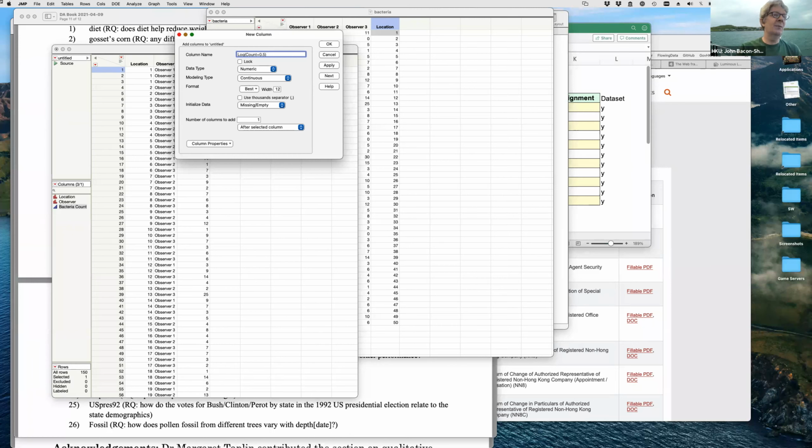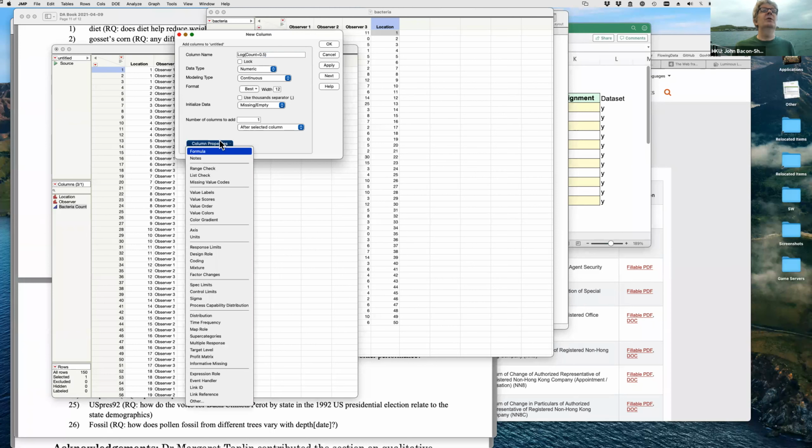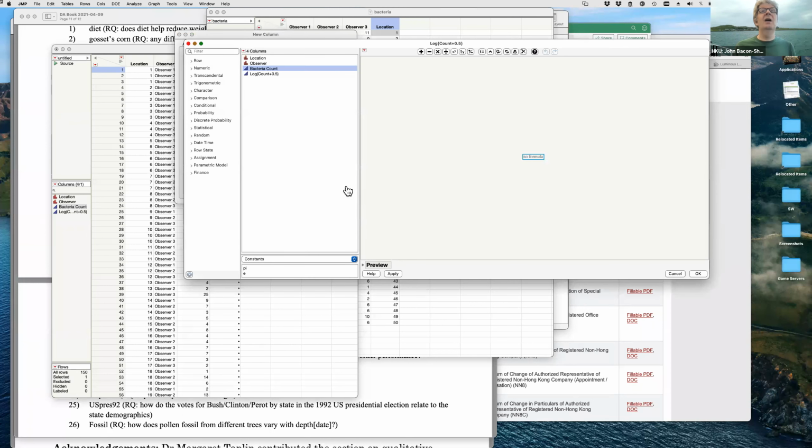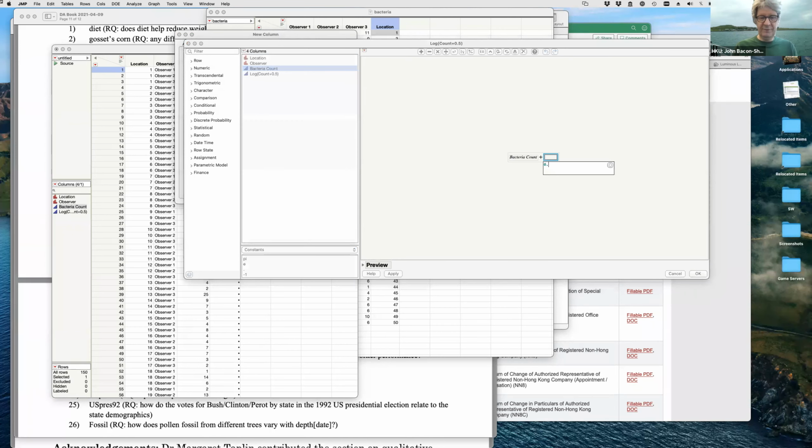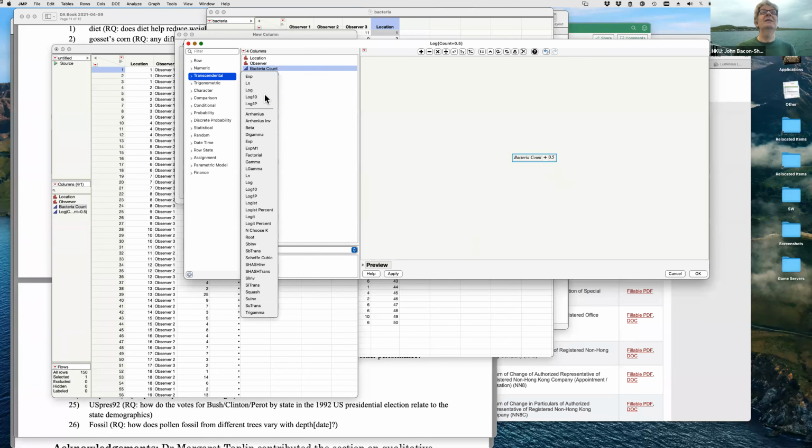If the true underlying distribution was normal, that means we must have rounded the answers to the nearest integer. So let's put log of count plus 0.5. So I'm going to choose bacteria count. I'm going to add 0.5. So now all my values will be strictly positive. And then I'm going to take a log to the base 10.